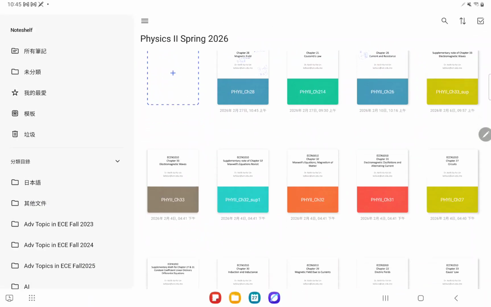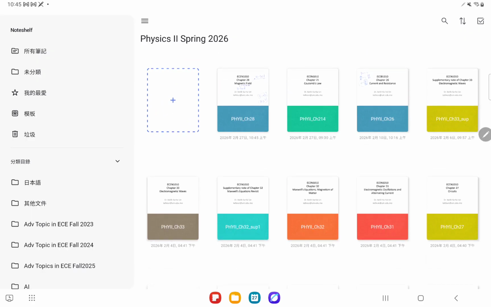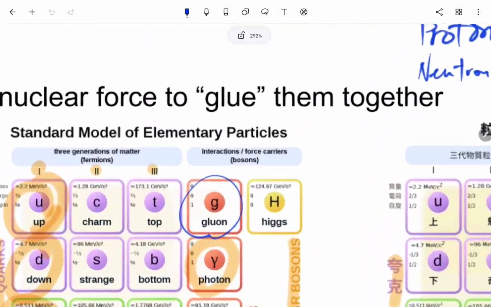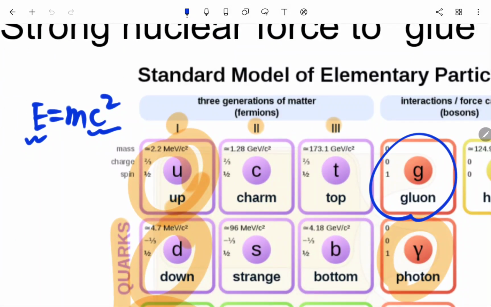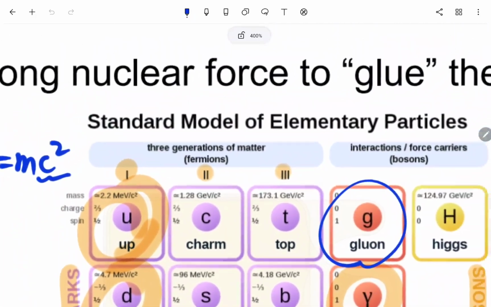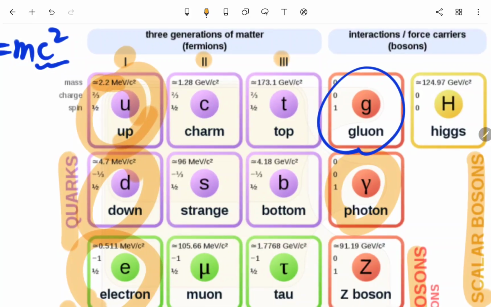And then we go back to the standard model here. We can have some mass here. For the first generation, this is like 2.2 MeV per c square.